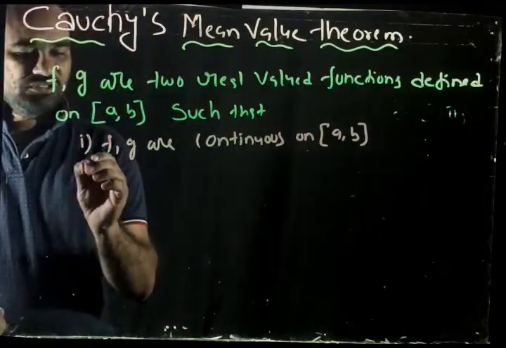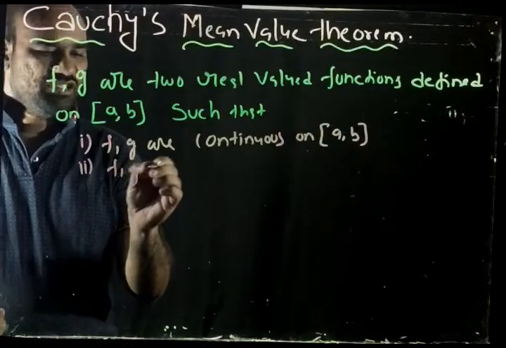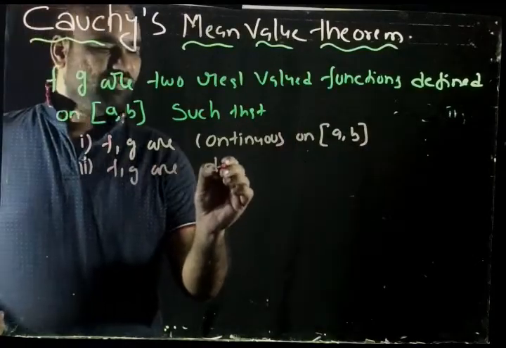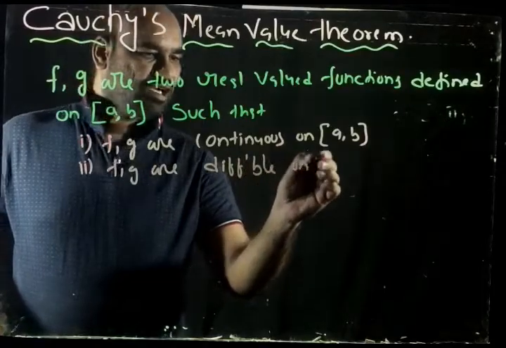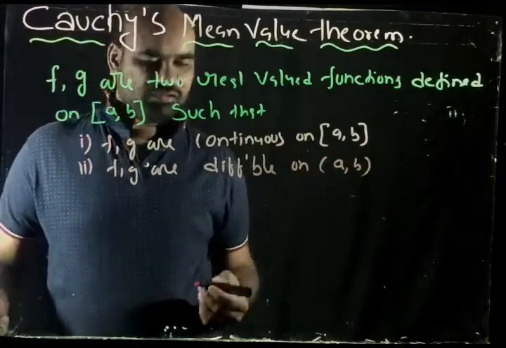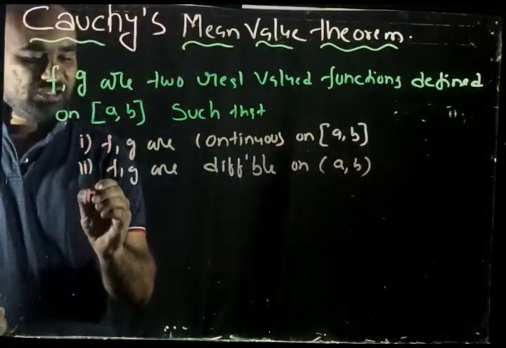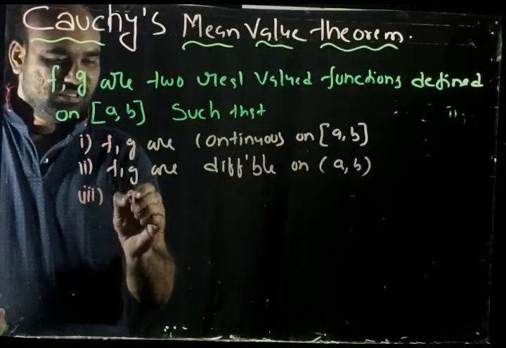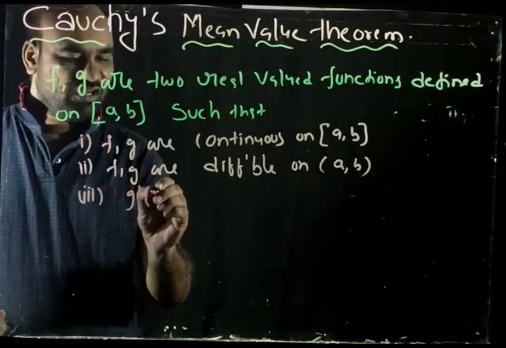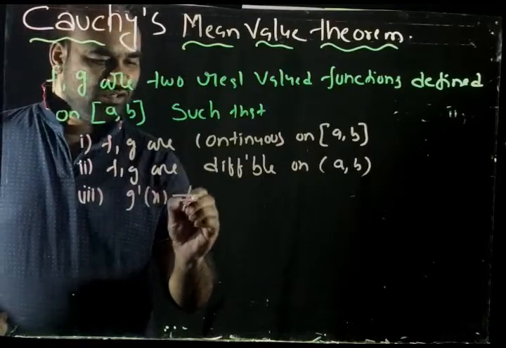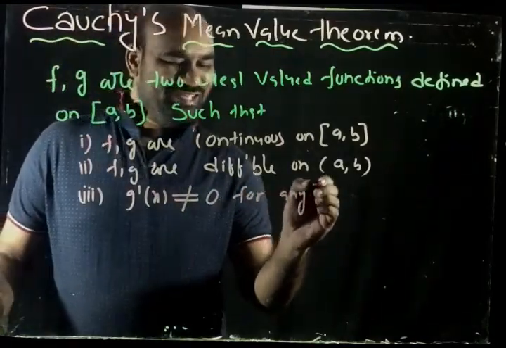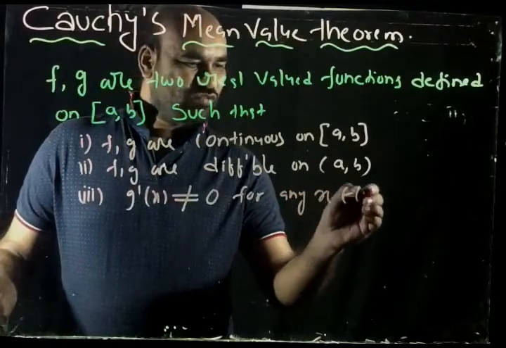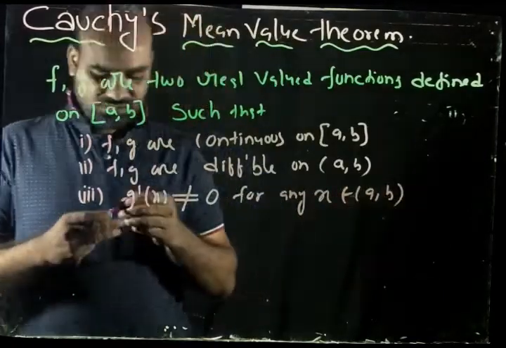Second condition, f comma g are differentiable functions on open interval a comma b. And third condition, g dash of x not equal to 0 for any x belongs to open interval a comma b.